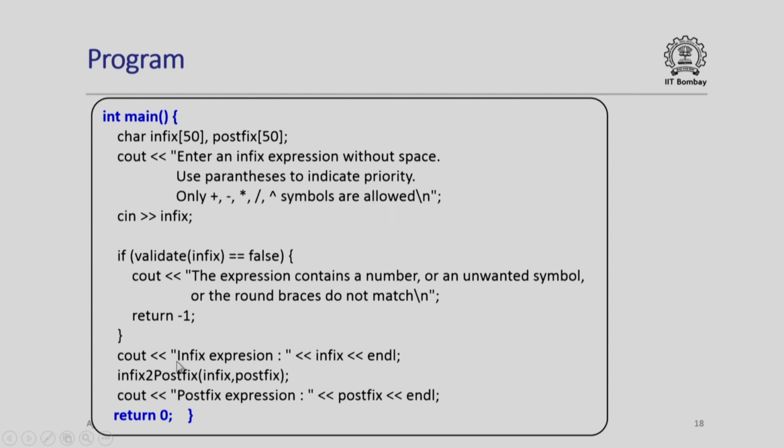Otherwise, I will output the infix expression indicating that it is a correct expression, simply invoke infix to postfix, which is the main function that I have written, supplying as a parameter infix and collecting back the parameter postfix, and I simply print the postfix string.